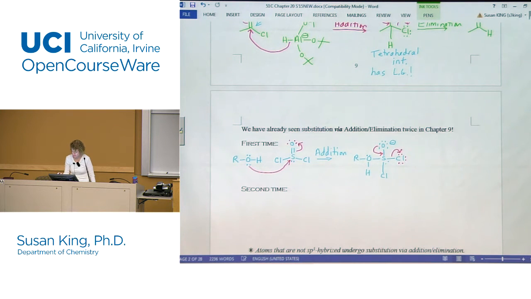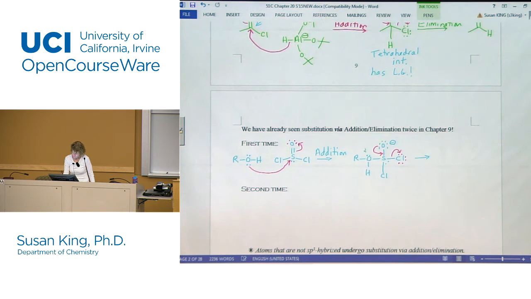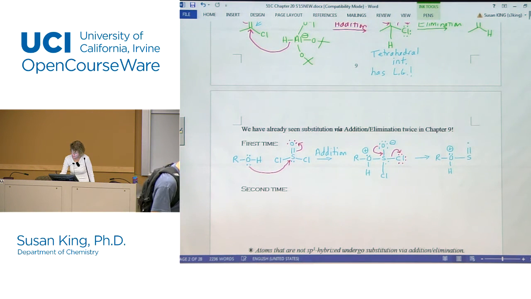Most of the professors here do follow this addition elimination mechanism for thionyl chloride. So again, it depends on who you had for 51A. Throw that positive charge on oxygen. So everybody remember that from chapter 9? That's kind of why I made a point of emphasizing this reaction, because I knew it was going to be important for carbonyl chemistry. So that's what that looks like after that kicks off chloride. That's the first time we saw it in chapter 9.